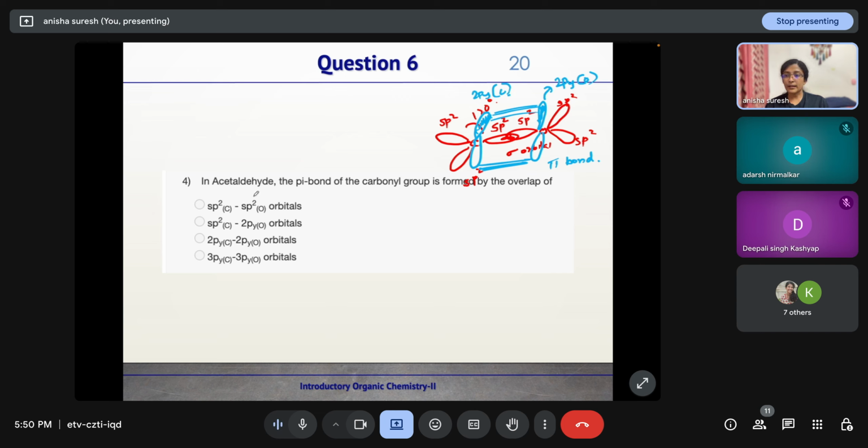The pi bond of the carbonyl group is formed by overlap of 2py of carbon and 2py of oxygen orbitals. When the pi bond is formed, the major contribution will be coming from oxygen and lesser contribution from carbon.